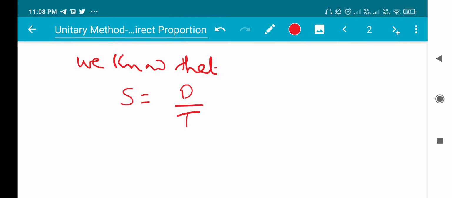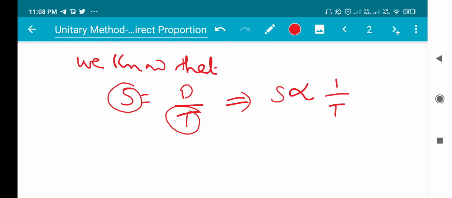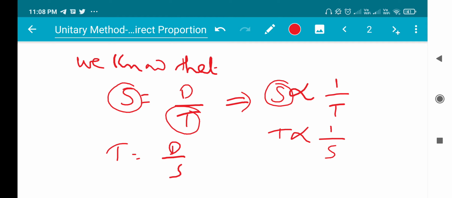So here speed and time, that means speed is inversely proportional to time, and time is also inversely proportional to speed. Why? By cross multiplying, t is equal to d upon s. So s is inversely proportional to 1 by t, and the time is also inversely proportional to speed.